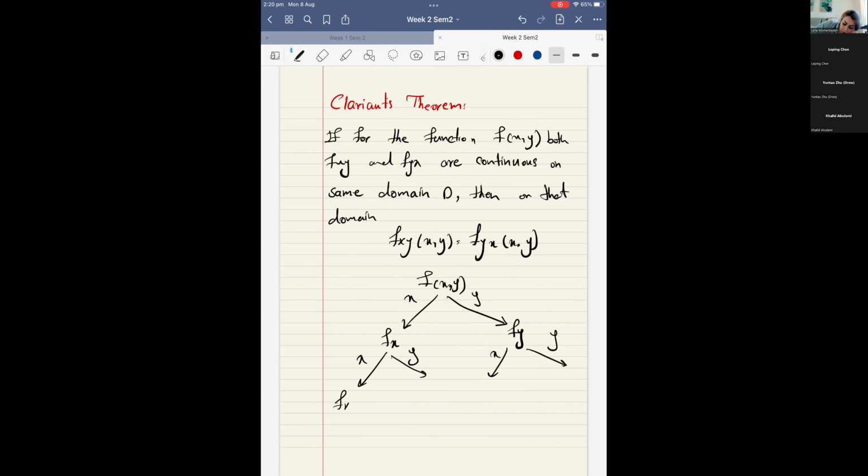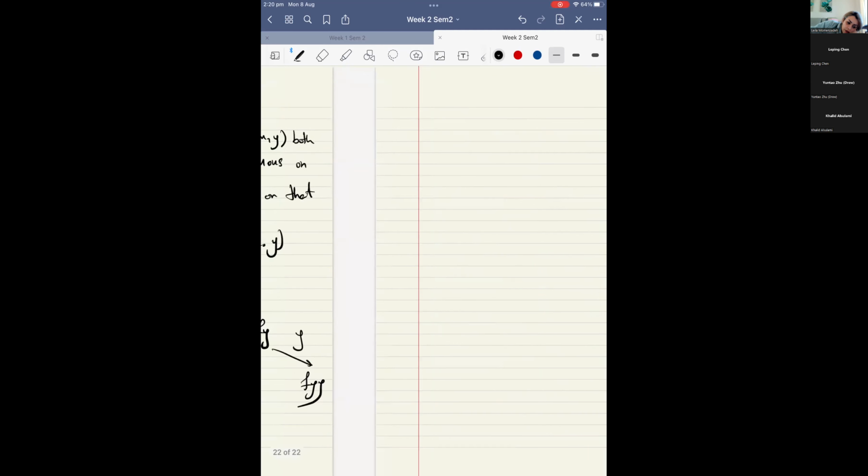This one would be fxx, this one would be fxy, this one would be fyx, and this one would be fyy. And sometimes these two are equal. And when they are equal, you have the Clairaut theory.